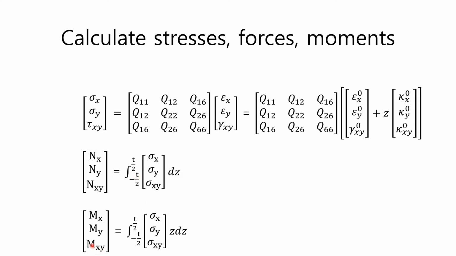And also, moments can be calculated by integration of stresses multiplied by moment arm z over the thickness with unit length. At this time, you may have a doubt why the names of these have 6 in their index instead of 3. That will be clear later.